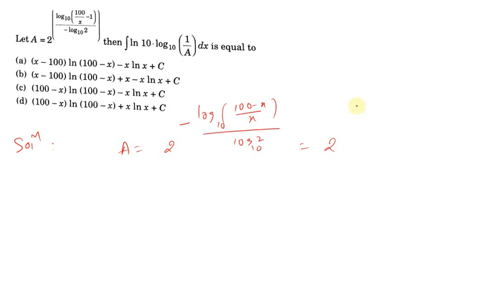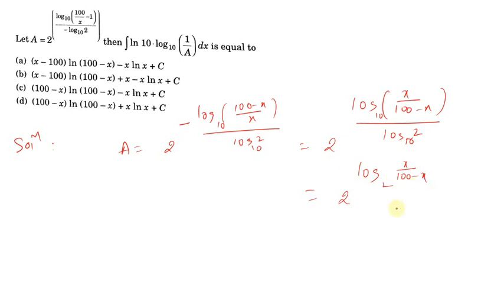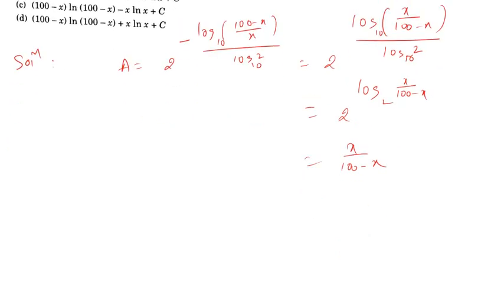So which is equals to 2 power, you can write this as, the logarithm coefficient is minus 1, so you can write this as x by 100 minus x base 10 by log 2 base 10. Now the base is 10 and this base is 10, so you can write this as x by 100 minus x base 2 according to the logarithmic property. And once again you have one more property, this base is 2, this base is 2. You have to write this as x by 100 minus x. So after the simplification you got like this.